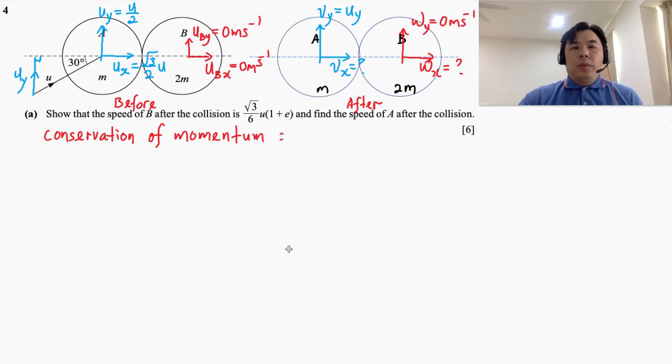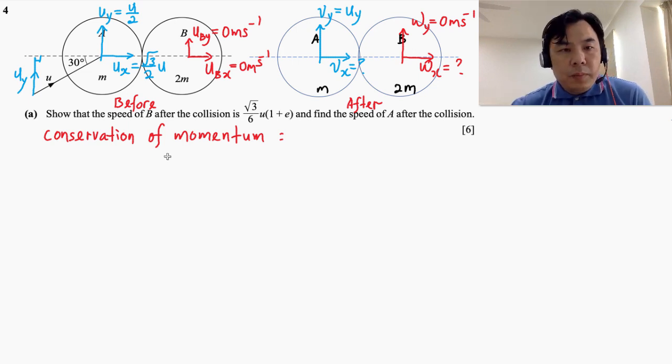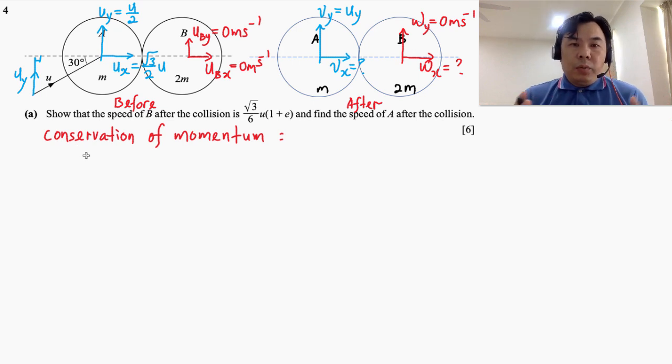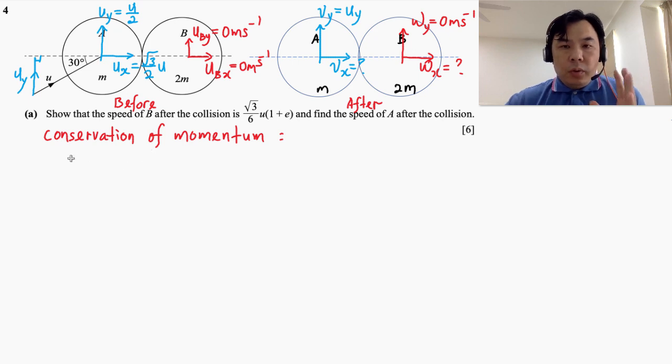Right, by using conservation of momentum here, we know that the total momentum before and after must be the same. So total momentum before, now because we have two components of velocity, we're going to focus our conservation of momentum only on the horizontal component.